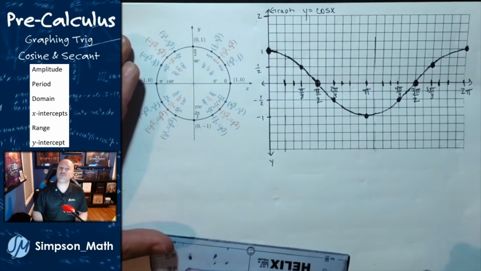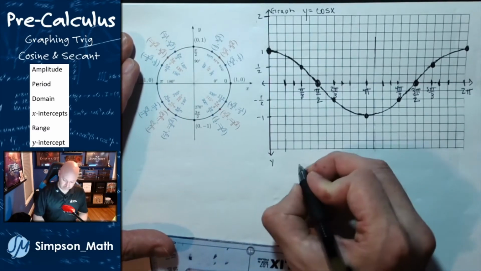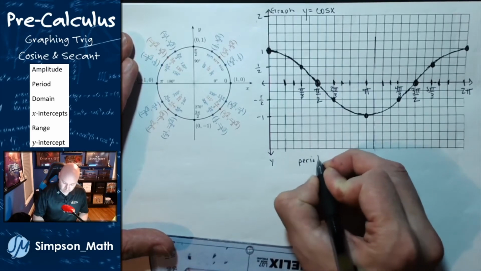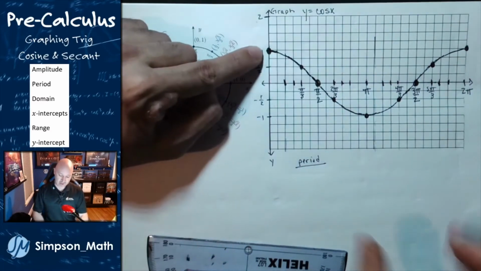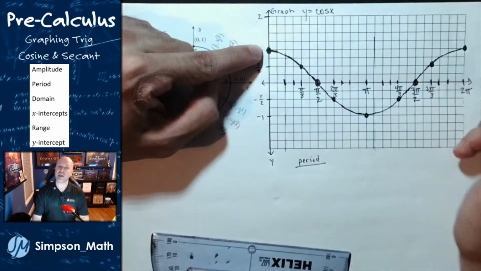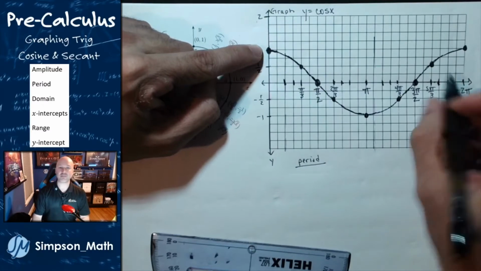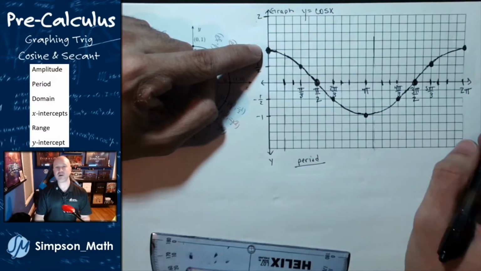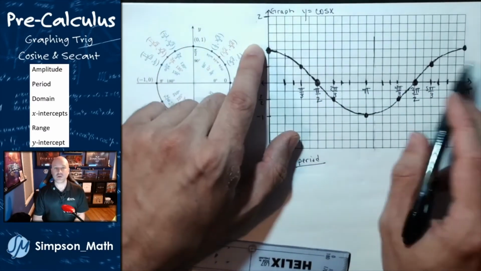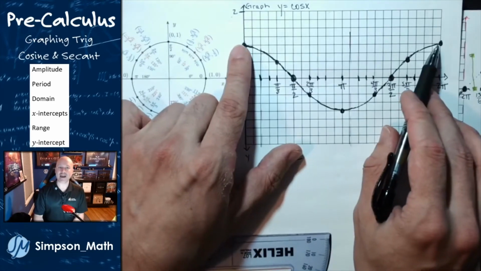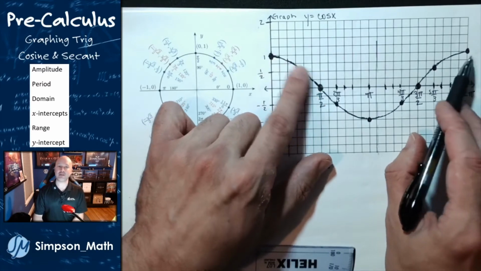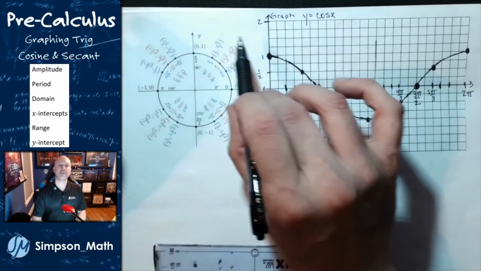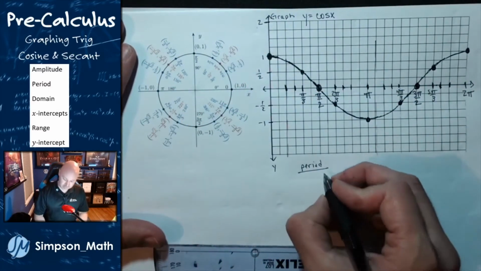I have graphed a full period of cosine. Remember, the period is the horizontal distance that it takes this function to repeat itself. And notice I'm at peak to peak. If I were to graph the next pi third, which would be 7 pi thirds, I would start to go back down on my wave, and I would just be repeating myself. So the period for cosine is 2 pi.